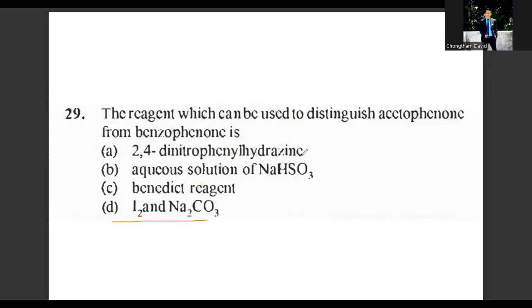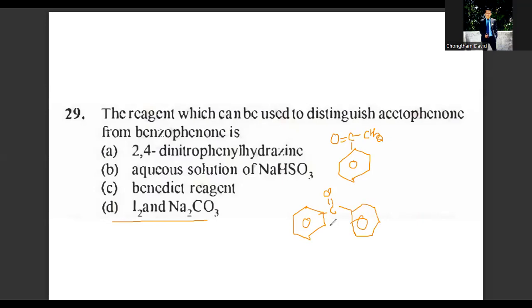The formula of acetophenone is C6H5 C=O CH3, acetophenone, and in benzophenone, there will be two benzene rings. This is your benzophenone. Both of these can be distinguished.